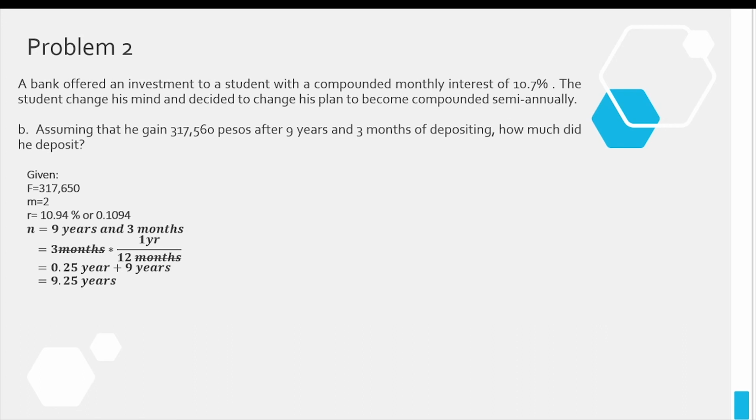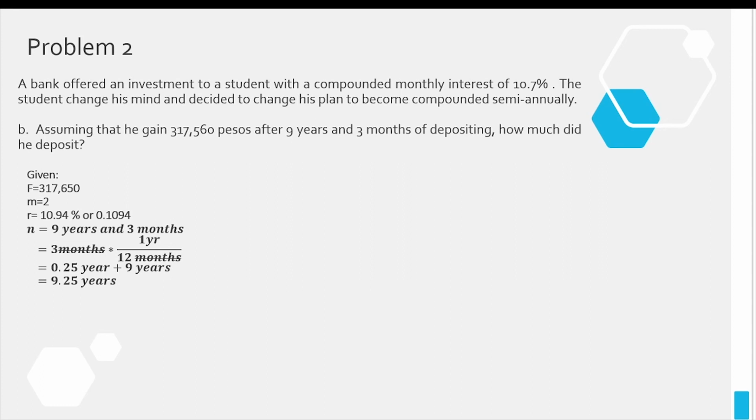So 3 months times 1 year over 12 months, we just cancel the months. So 3 over 12 is equal to 0.25 year plus 9 years. Therefore, we obtain 9.25 years.